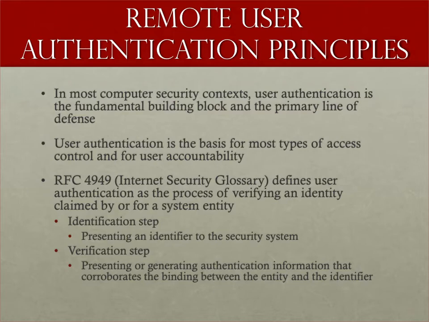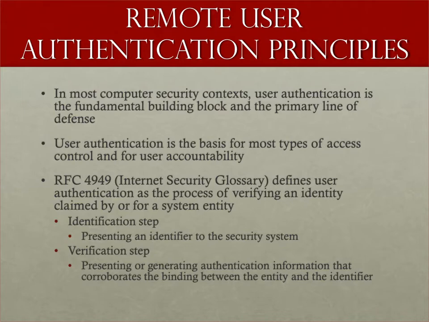So it has two steps: the identification step and the verification step. The identification step is part of the registration. So first, when you get admitted to the university, you have to provide all your identity documents, right?